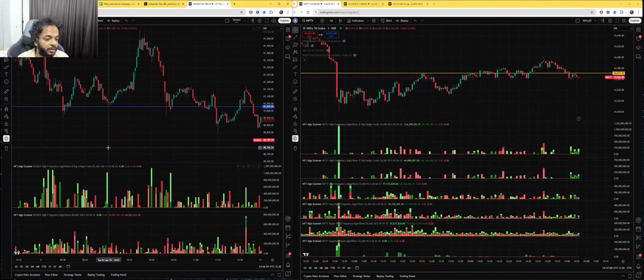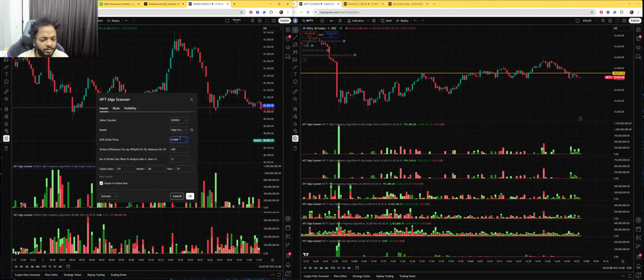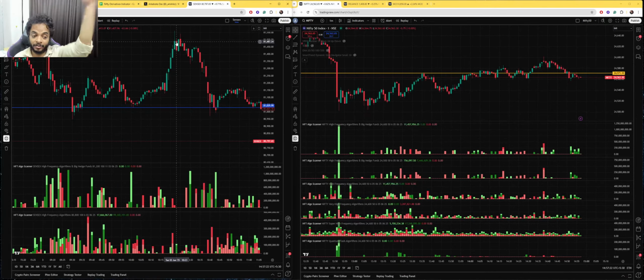With respect to 81,400, or let's take 81,200, which was the ATM, almost the same result will be shown. As you can see, right below here, put writing happened. This is 10 a.m., and just before this pump, big put writing happened here.